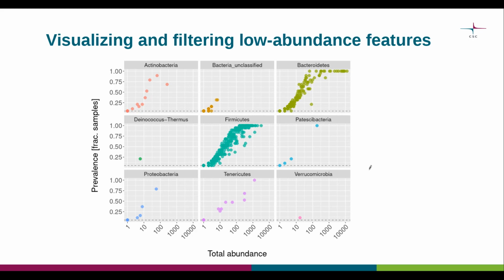Within the plot, there are several panels based on taxonomic classifications at the phylum level. In this case, proceeding from the top left toward the right and then downward, we have panels for Actinobacteria, OTUs that are unclassified at the phylum level, Bacteroidetes, Deinococcus-Thermus, Firmicutes, Patescibacteria, Proteobacteria, Tenericutes, and finally Verrucomicrobia.